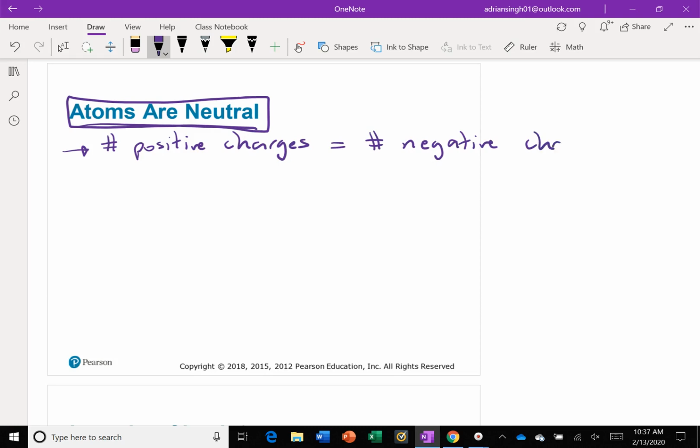So they cancel out. So if we have, for instance, an atom, we know that there are going to be our 3 subatomic particles, protons, neutrons, and electrons. Well, the positive charges are actually due to the number of protons, right? Those are the things that have a positive charge. Well, what subatomic particle gives a negative charge? Well, that's the electron.